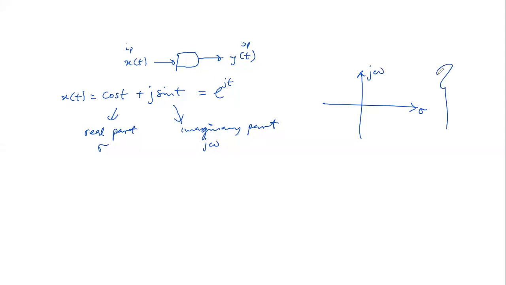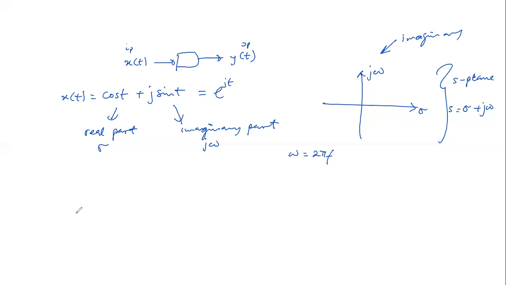So this gives us an S-plane, for which S is the same as sigma plus j omega. We already know that omega is the same as 2 pi f, for which f is the frequency component of the signal. And you will also observe that this frequency component is contained in the imaginary part of the complex S-plane.